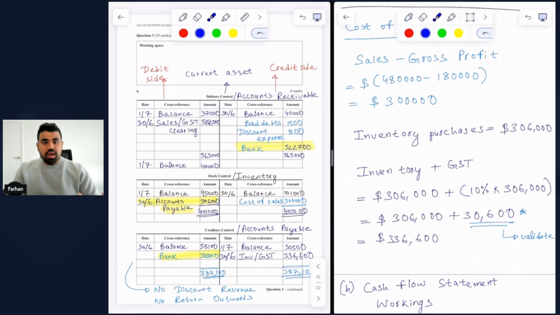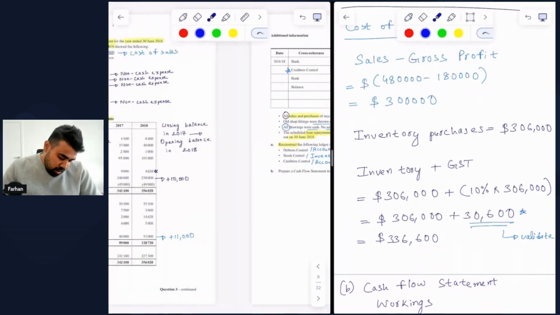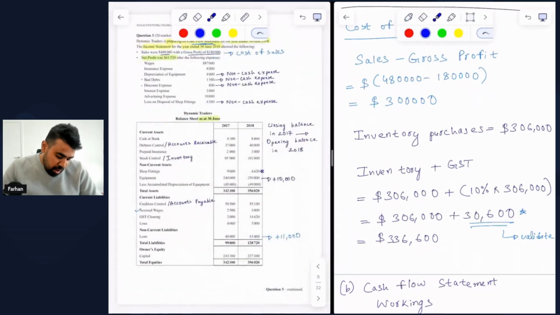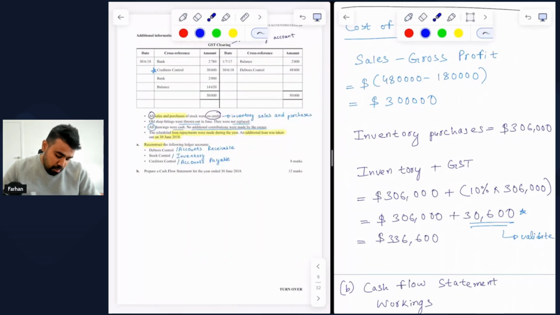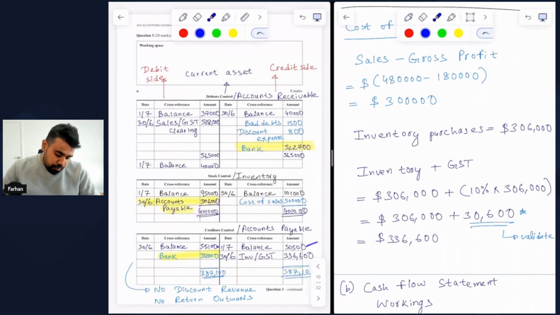Also, within the ledger accounts, the opening balance of liabilities should always be on the credit side, and the closing balance will be on the debit side. So these two numbers are what we have got from the balance sheet that we saw earlier. And you can see accounts payable under the current liabilities section, 50,500 from previous year and 55,100 for end of current year. So these are the numbers that we have included here.